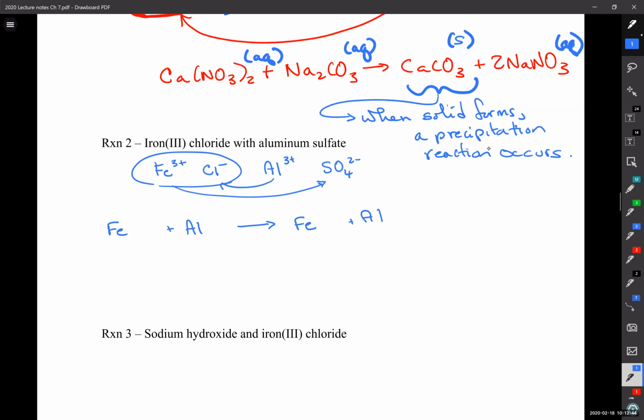Yeah, so the formula for the first one is FeCl3. And a lot of people do it just by taking the charges. Yeah, leave the signs out, but you cross those charges. So this is good. Yeah, but the 3 goes here. I'll be doing it in a second.